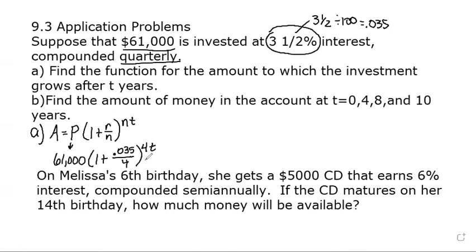So on your MyMathLab, it simplifies this middle section. So it goes to the calculator and it types in this 1 plus 0.035 divided by 4, and it kind of reduces that part down. So we go there.